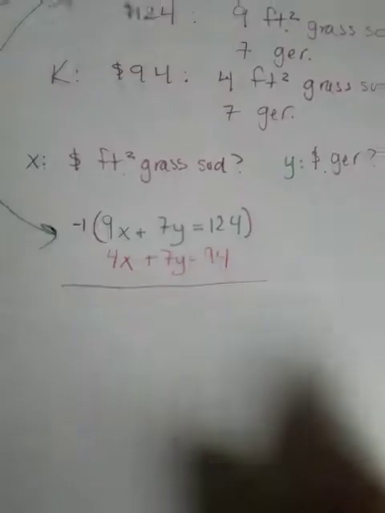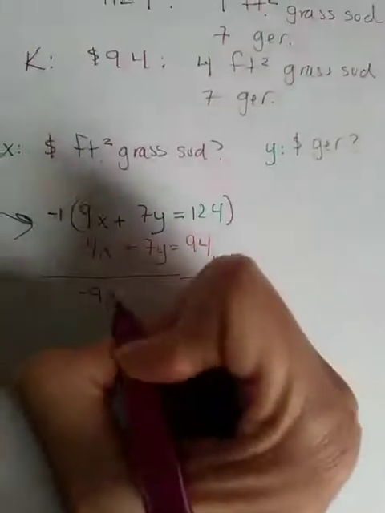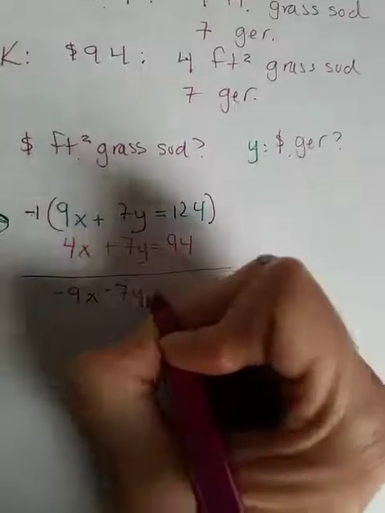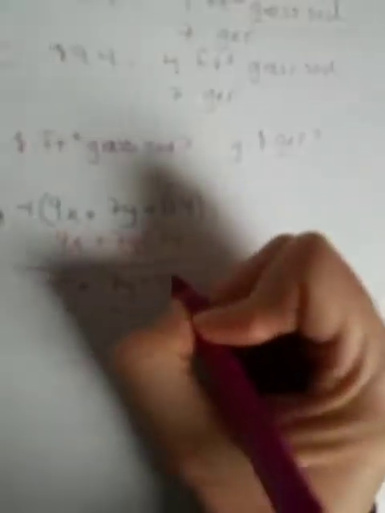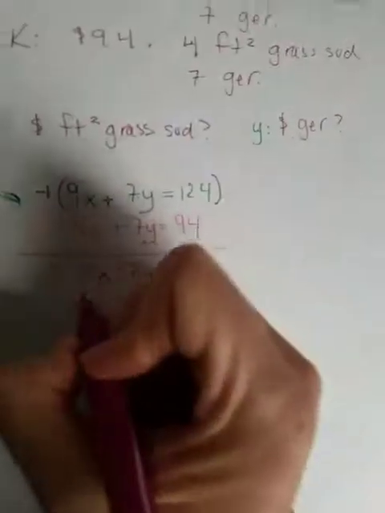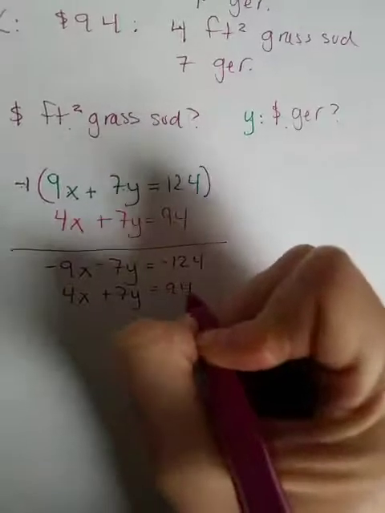I'm going to be different and just choose the first one to multiply by -1. So -1 times 9x is -9x. -1 times 7y is -7y. -1 times 124 is -124. And then I rewrite the second equation as is because I didn't do anything to it.